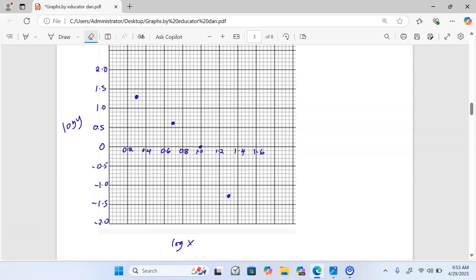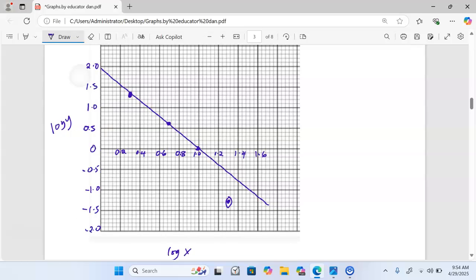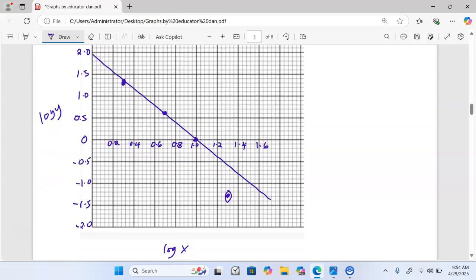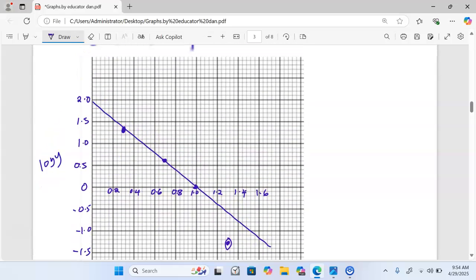After joining all the 3 points, we try to connect them so that we can have the line of best fit. And once we have our graph drawn like this, we can proceed and answer the questions that have been asked in this case.